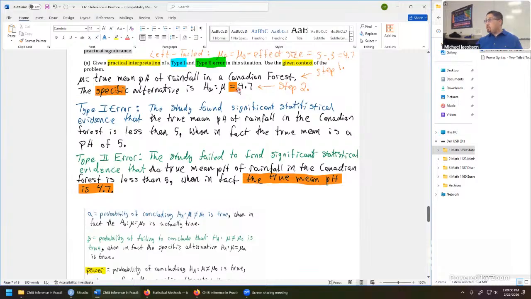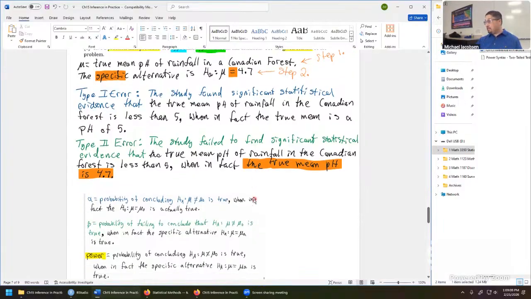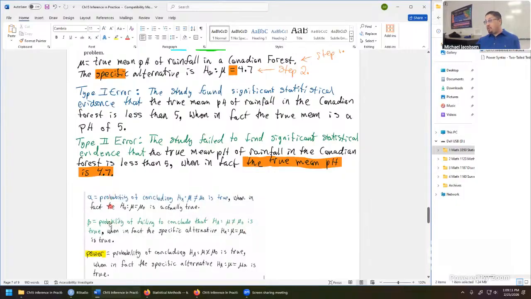We failed to conclude that the true mean is less than 5, when in fact it really is. It's exactly the assumption of 4.7 in pH. So again, the alpha and the beta here are written in terms of probabilities, but they're great guidance on what type 1 error is saying, what type 2 error is saying at the same time. We didn't interpret power, but we'll do that on the notes just for practice. And I think there's a homework question on interpreting power, so that'll be a good one for us to do as well.